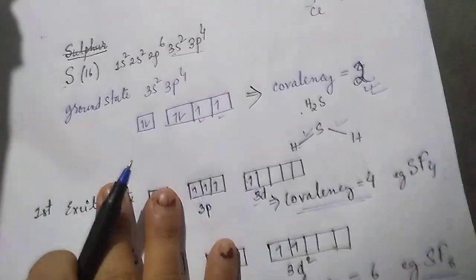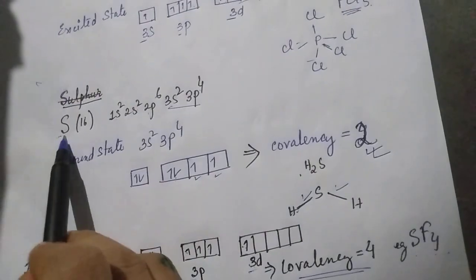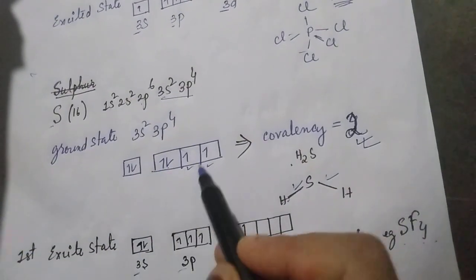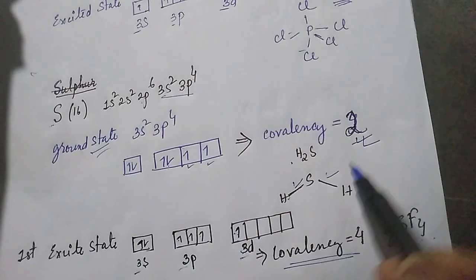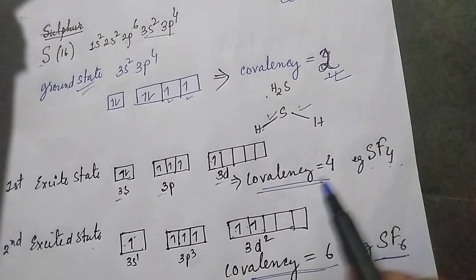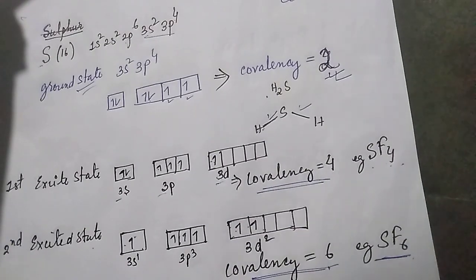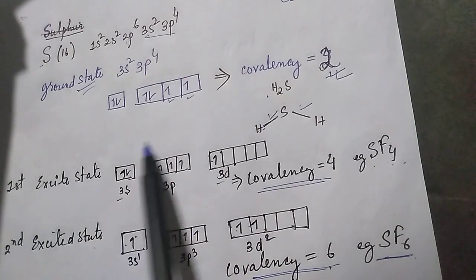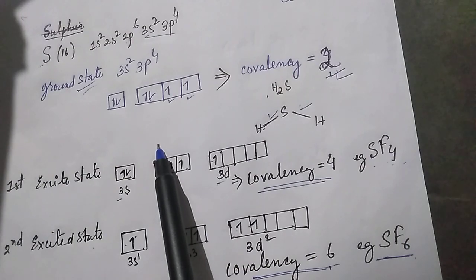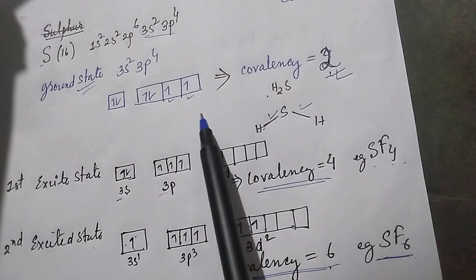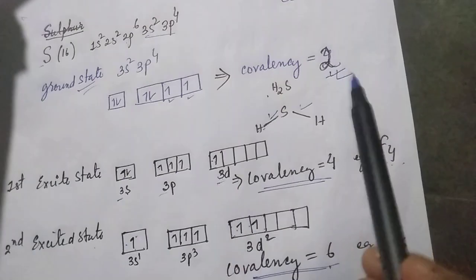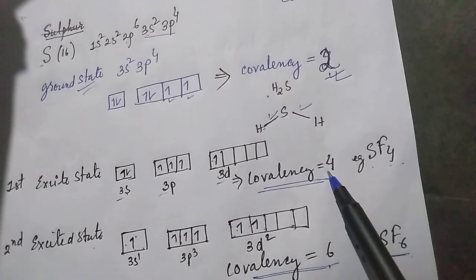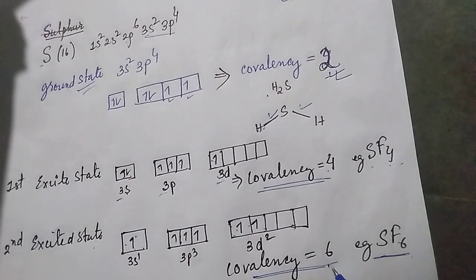But in case of third period like sulfur, we are considering the ground state 2 covalency, excited state 4 covalency, 6 covalency. So in case of third period, both excited state and ground state unpaired electrons are considered. So sulfur has how many covalency? 2 covalency, 4 covalency, and at maximum 6 covalency.